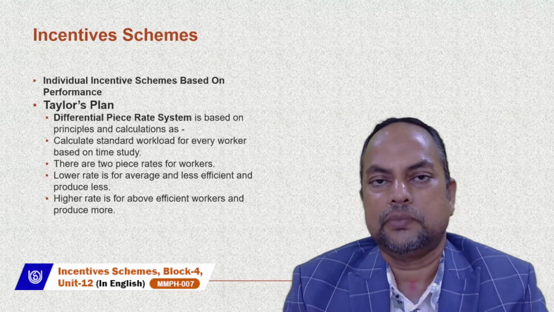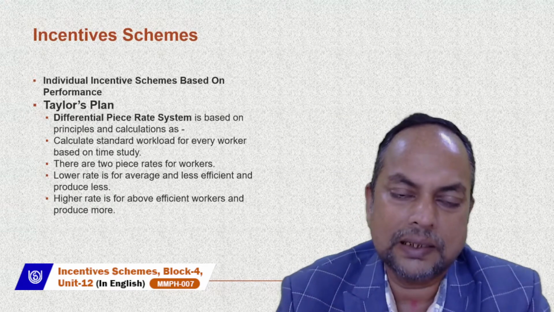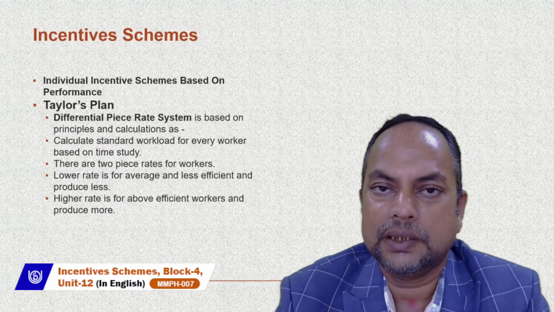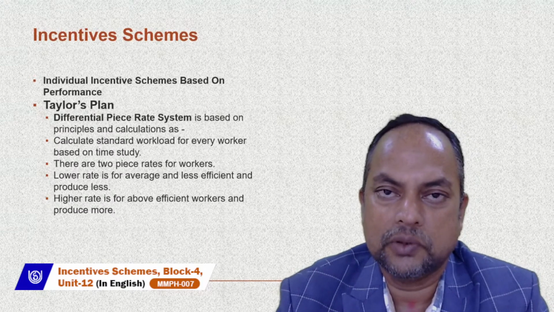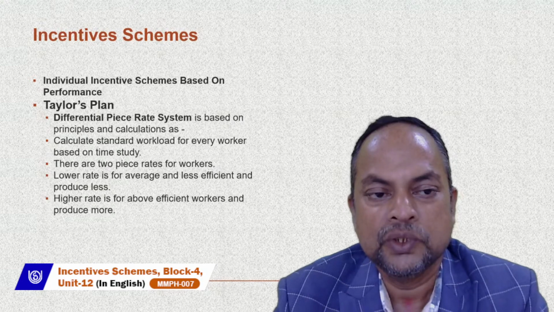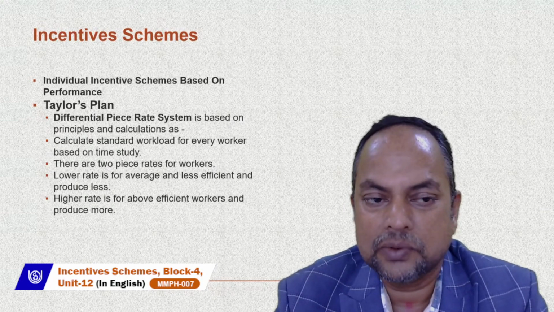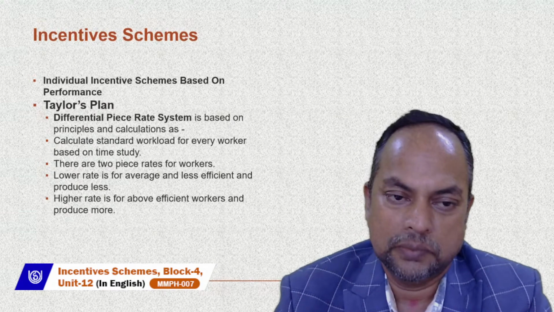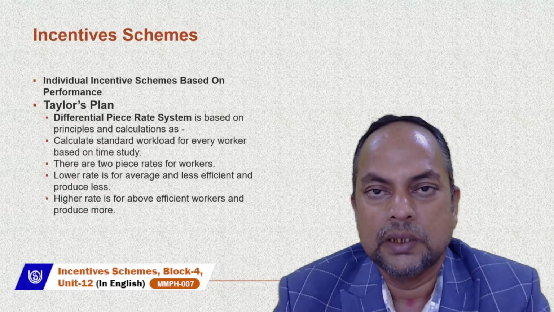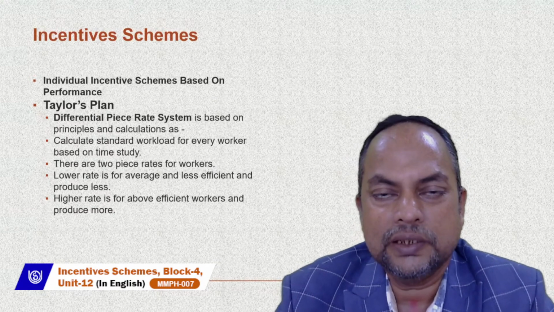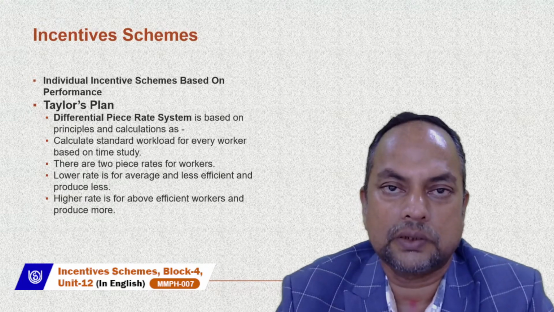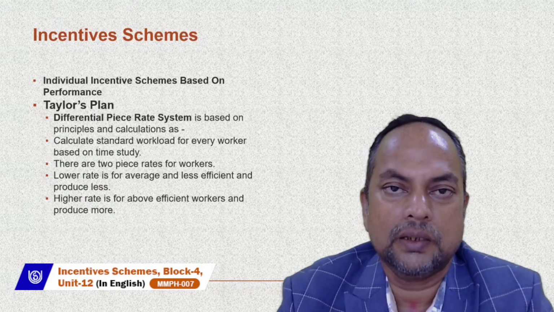Now again, through the same process, this standard workload is calculated for each and every employee based on time study, motion study. And after having that standard workload for the employees, right, two different piece rate systems of payment are administered.